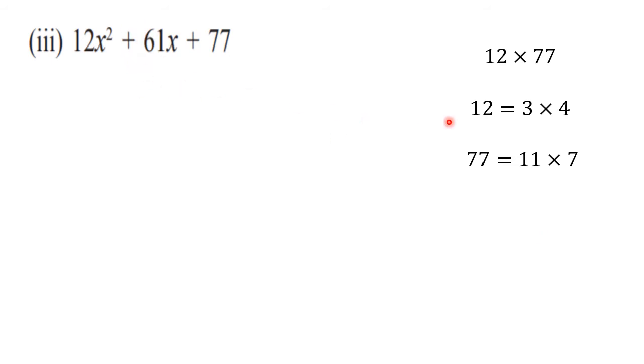Let's try some other combination. Like you can do 11 into 3, 33, and here 28. Just see, 33 plus 28, what is the answer? What you will find is 33 plus 28 is 61. So we got the numbers 33 and 28.